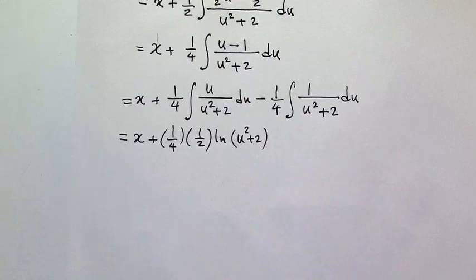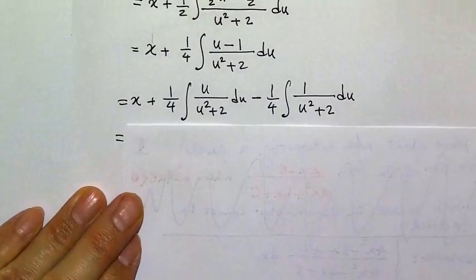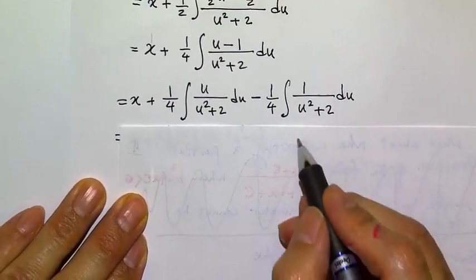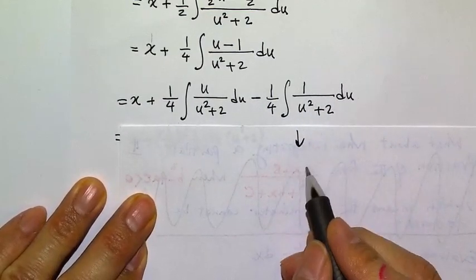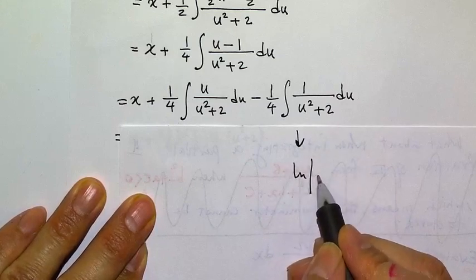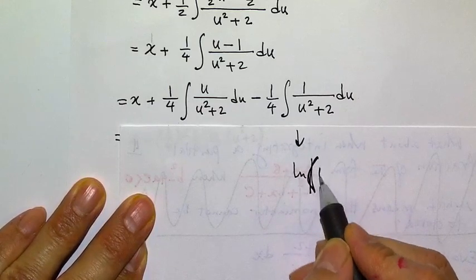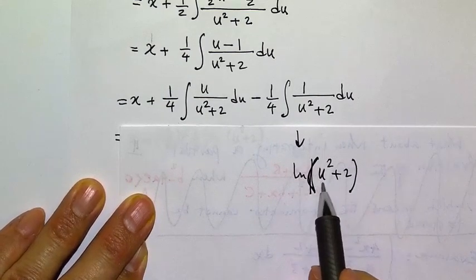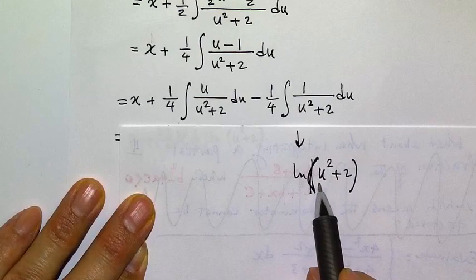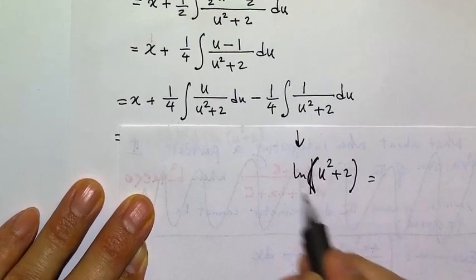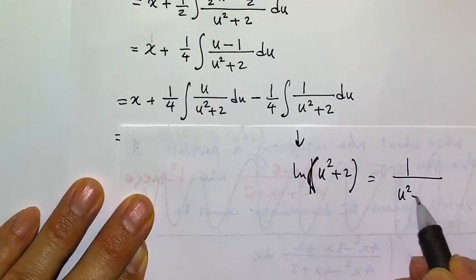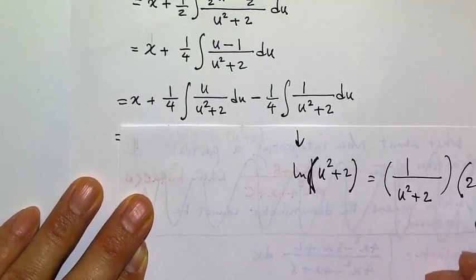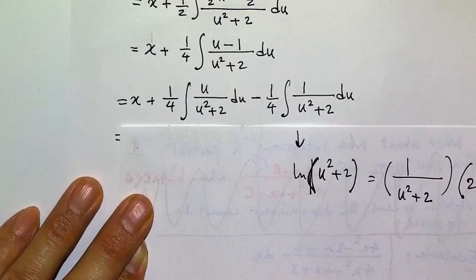Well, I'm just going to use that scratch paper again so I can use space on my paper there. So taking the integral of that, we could write natural log of u squared plus 2. Then if we stop there and test it, what's the derivative of this? It's 1 over u squared plus 2 times, by the chain rule, 2u, right?